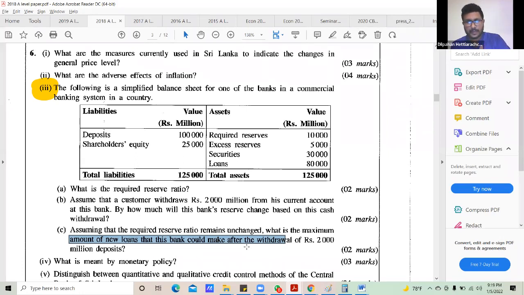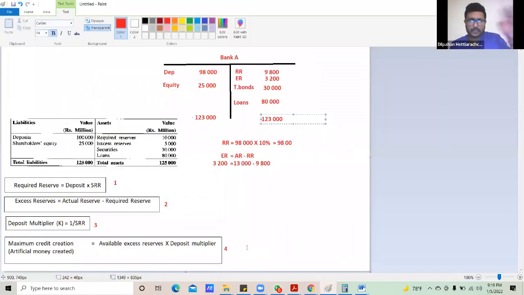Okay, if you don't do that 9,800 calculation, if you don't reduce your deposits, and if you don't calculate the required reserves once again, you will simply say the excess reserve is the new loans that should be created. Then your answer is wrong. Most of the people who attempted the 2018 paper came up with that answer. More than 50% of people were not able to give the correct answer for part C. Why? Because they couldn't draw a balance sheet and see how the calculation should be done.